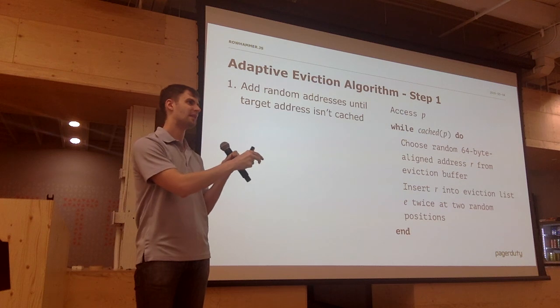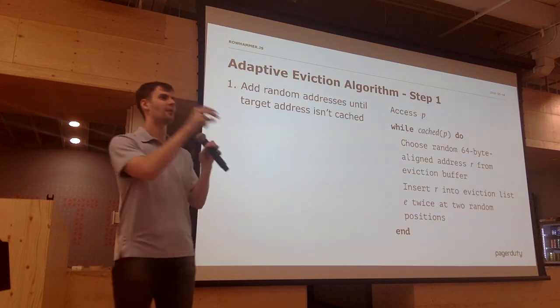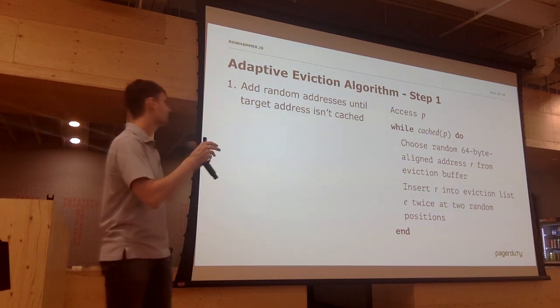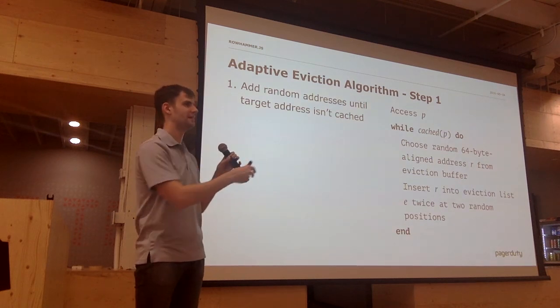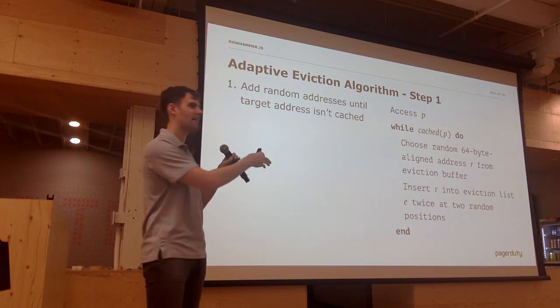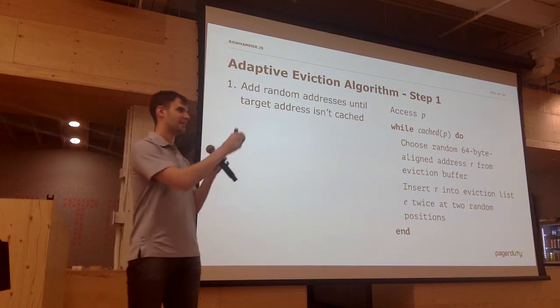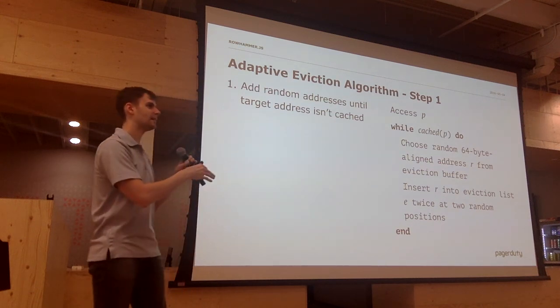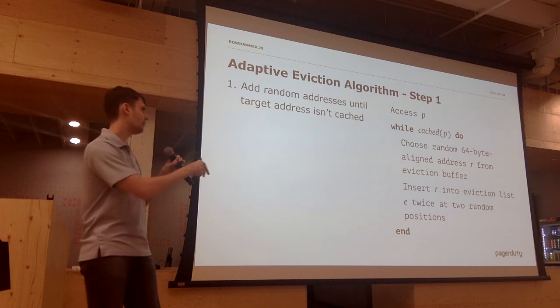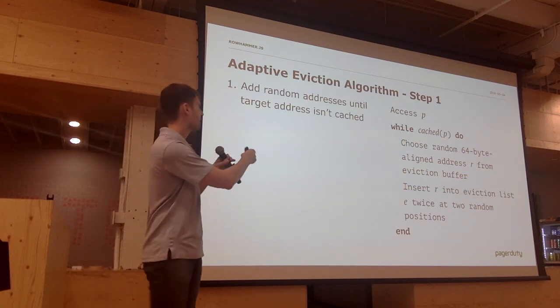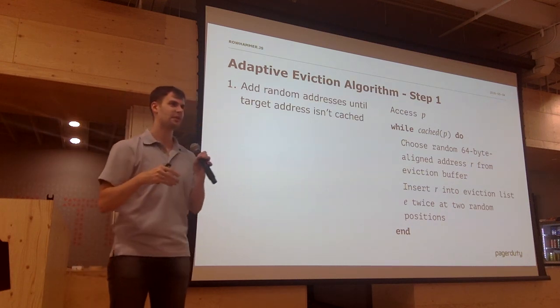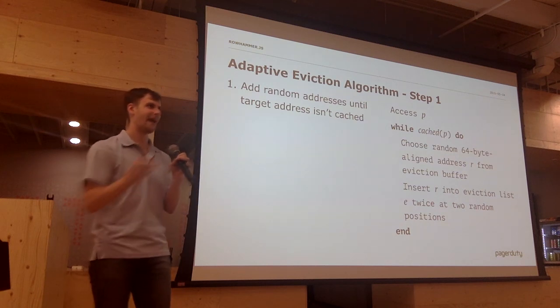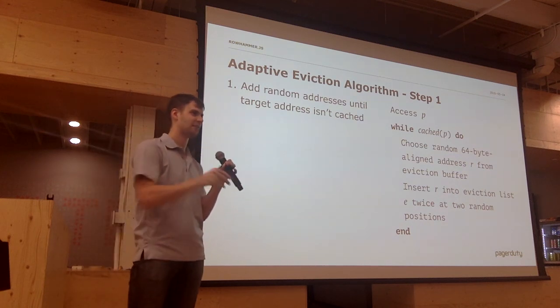We have a list of memory addresses that we're going to access before we access our target memory address. And what we do is initially, if we just access our target memory address P, it's going to be cached. If we add one address that we try to access before, it's going to be cached. We keep on adding more until we get to the point where it isn't cached. And actually, you can't just ask in JavaScript if a memory address is cached.